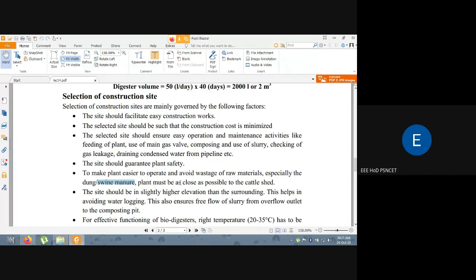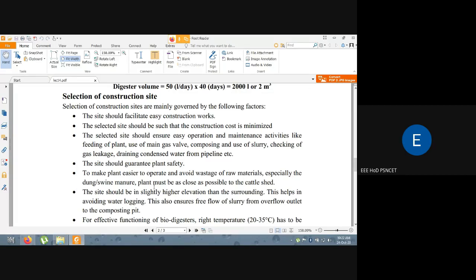The plant must be as close as possible to the cattle shed. Okay, so we should construct this biogas plant as near as possible to the availability of this cow dung or swine manure or plant waste.